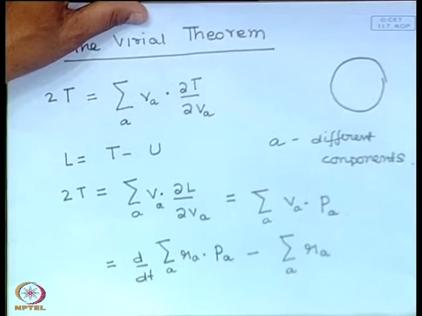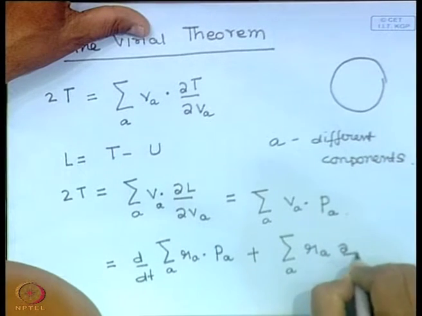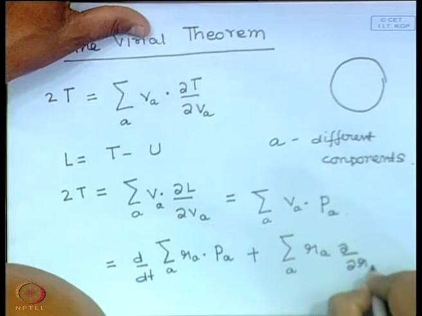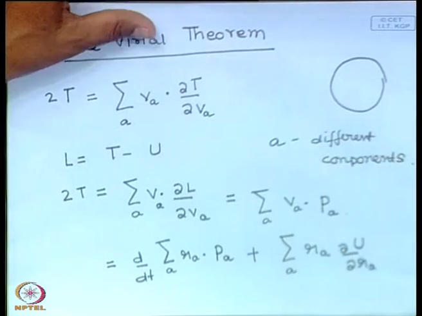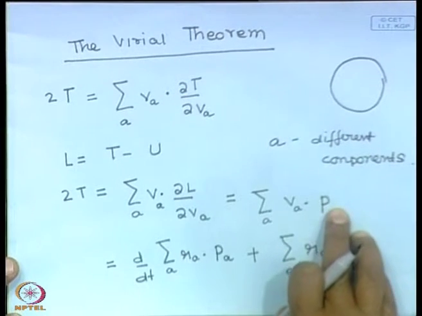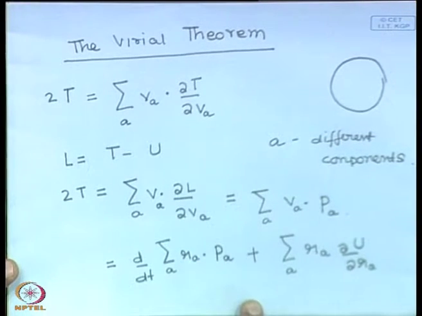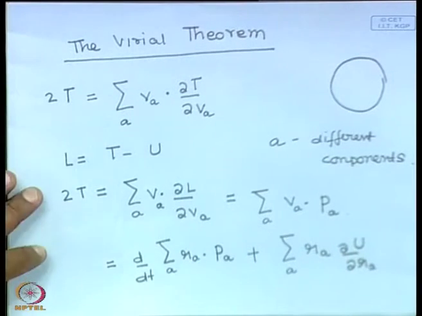So, this term can essentially be written as plus r_A dot del by del r_A of u, that is just the force. So, p-dot is the rate of change of momentum, which is the force, which can be written as minus the gradient of the potential. There are two minus signs which give you a plus sign over here. Okay. So, this is the result.